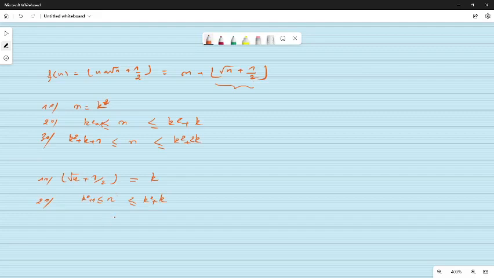Then n is less than k square plus k, which is less than k plus 1/2 square minus 1/4. Then we have square root of n is less than k plus 1/2.